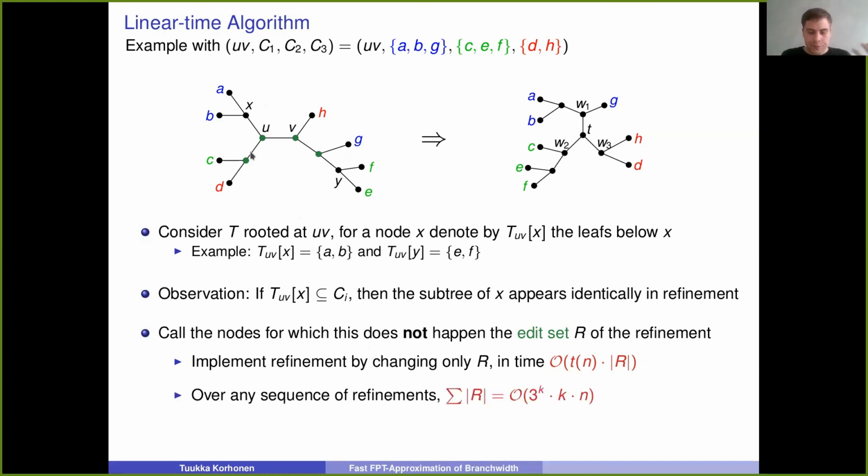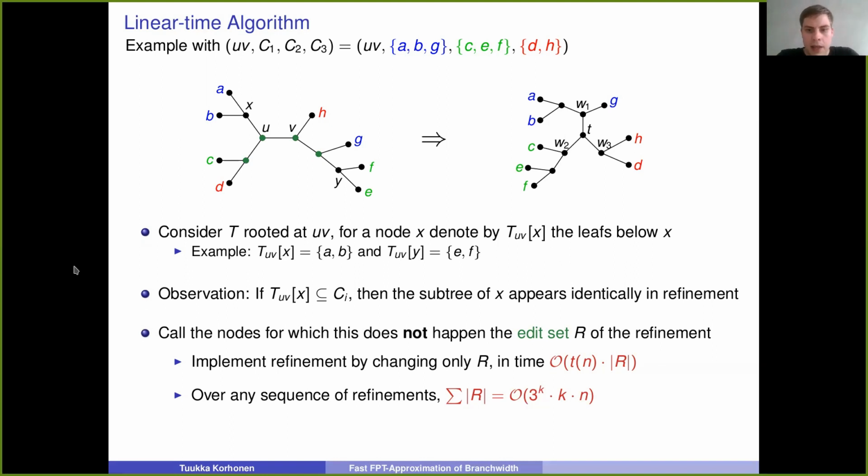And then another thing we show is that over any sequence of refinements, the sum of the sizes of these edit sets amortizes to n times single exponential in k. So if you split some subtree, then you are going to decrease some potential function quite a lot.